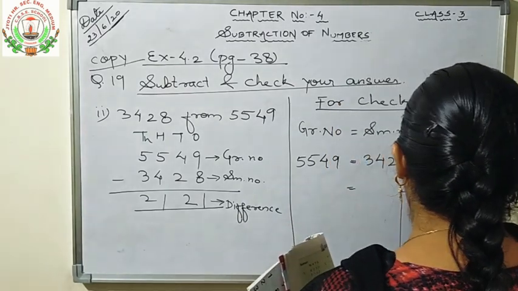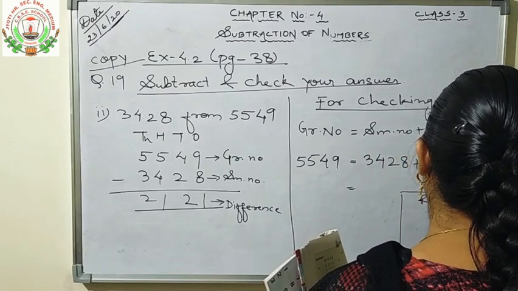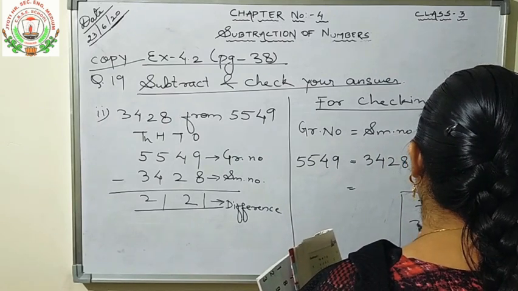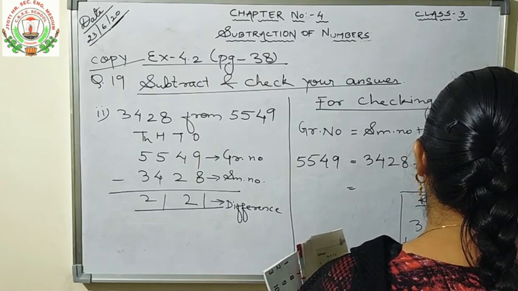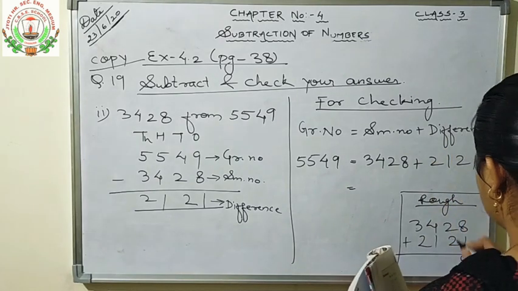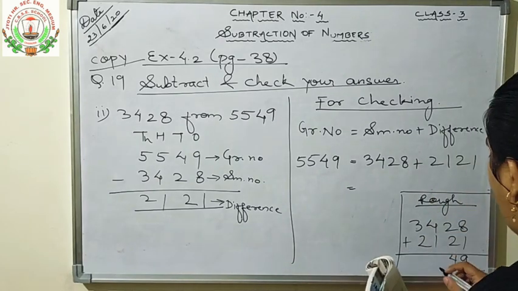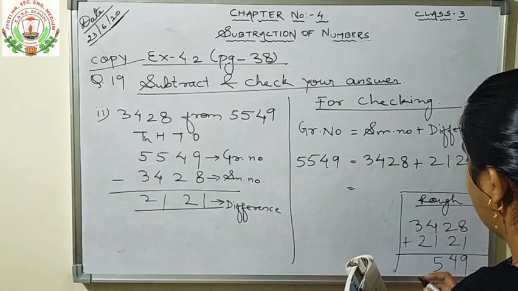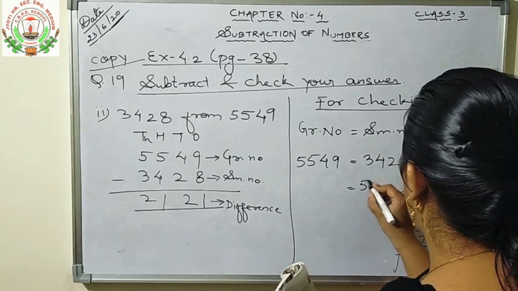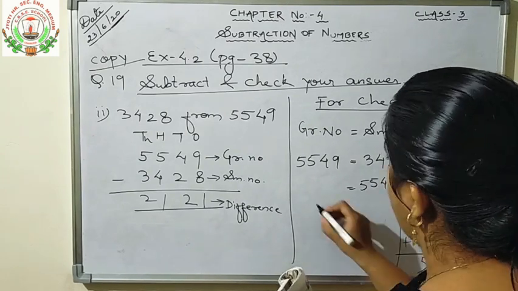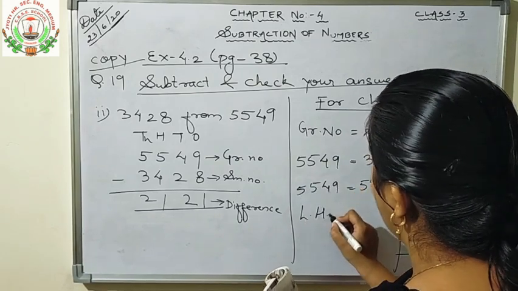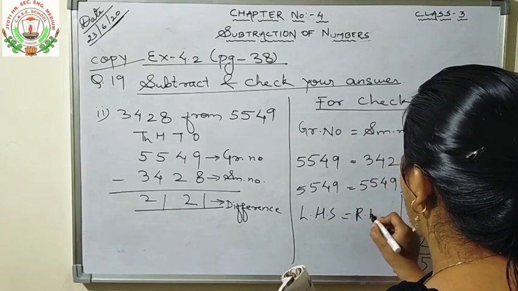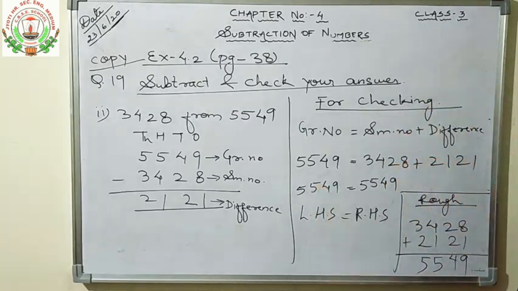In rough you will add 3428 plus 2121. 8 plus 1 is 9, 2 plus 2 is 4, 4 plus 1 is 5, 3 plus 2 is 5. So here also we got LHS is equals to RHS. So this question is also correct. LHS is left hand side and RHS is right hand side.